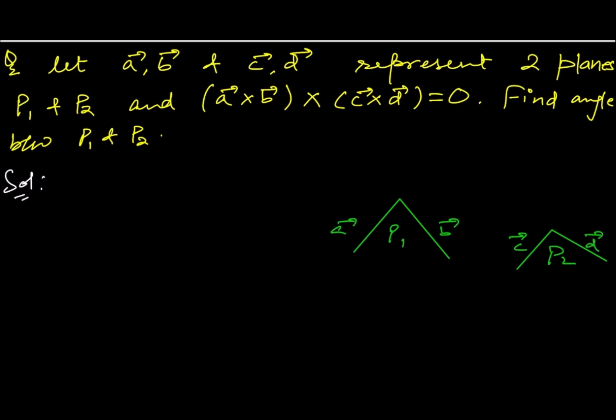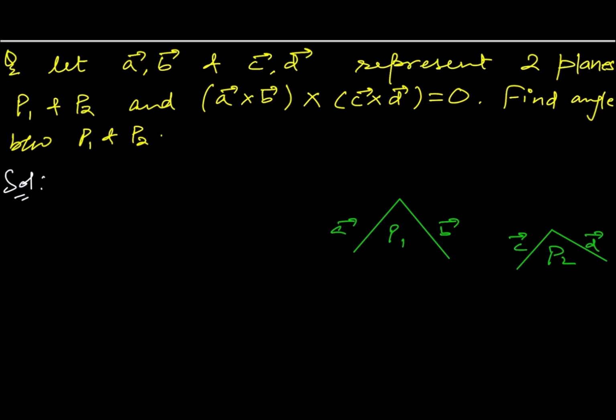So what is given? It is given that (A cross B) cross (C cross D) is equal to 0. So A cross B represents what?